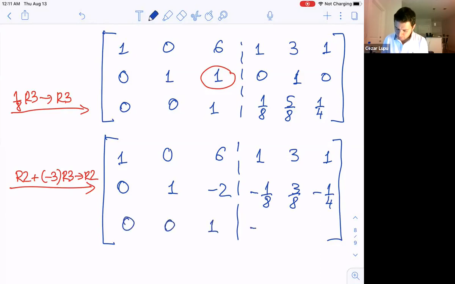And here we have 1/8, sorry, 5/8 and 1/4. Right?